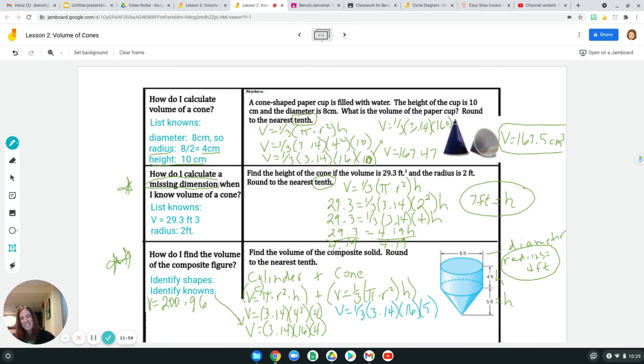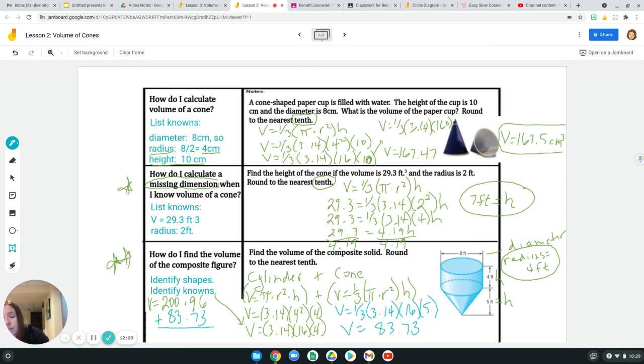And we're going to do 80 times 3.14 in our calculator, and then we're going to divide that by 3. So the volume of the cone is 83 73/100. So I'm going to put that under here. And then we would add those together to get the total volume of this composite solid.